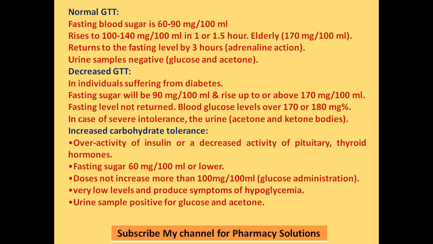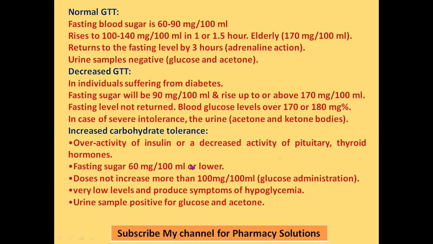In a normal person, that is balanced. In abnormality, there is an imbalance between insulin and the counter hormones. In increased carbohydrate tolerance, there is overactivity of insulin, and the activity of the counter hormones, pituitary or thyroid hormones, is decreased.